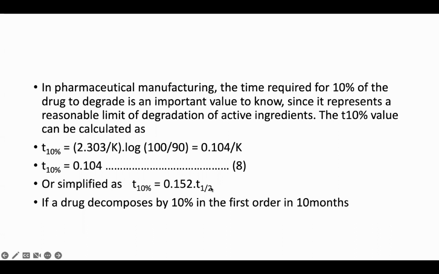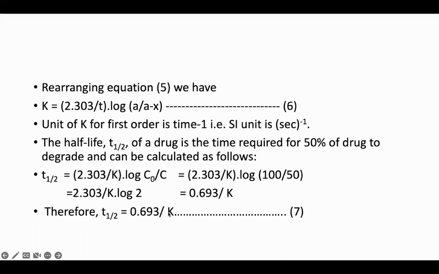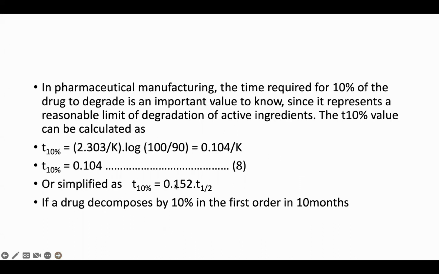If you know the T half of K, we already said that K is 0.693 over T half. If you substitute it into this equation, you will get your T 10% is 0.152 multiplied by the T half, right? Very important.